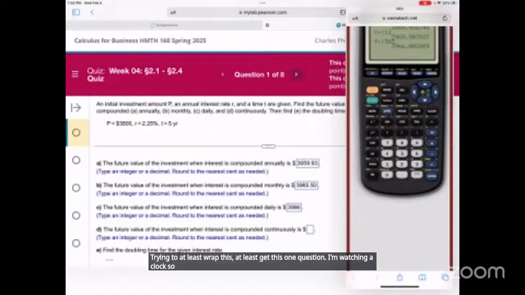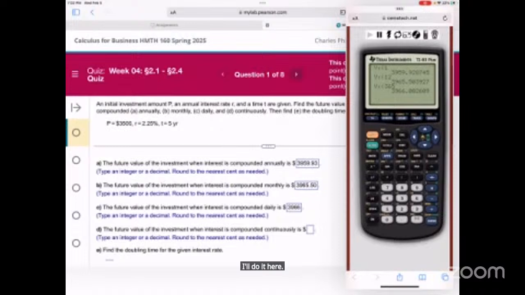All right, and then the future value when it's compounded continuously. For continuous compounding, we have to use Pert, which is a different formula. So our principal, 3,500, times e to the kt. That's 0.025 times 5. Well, that's not a function there.